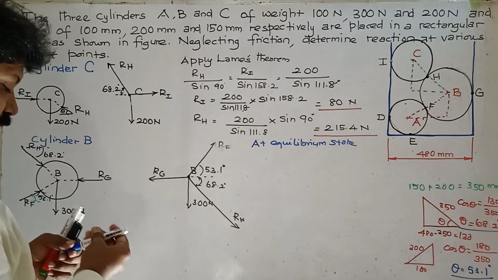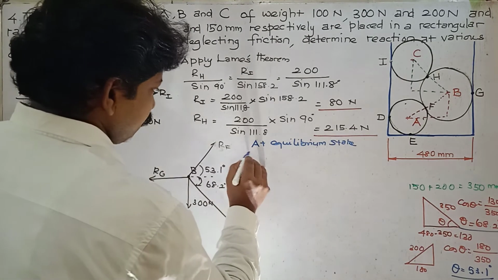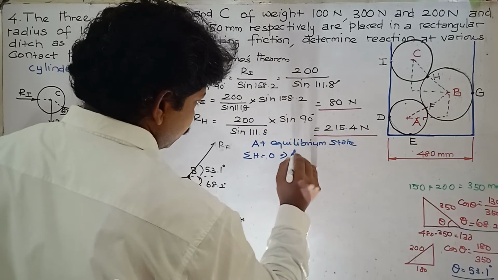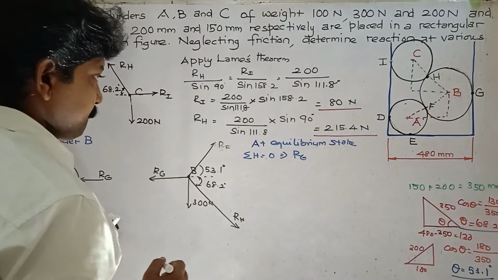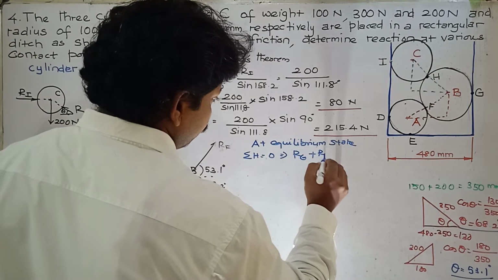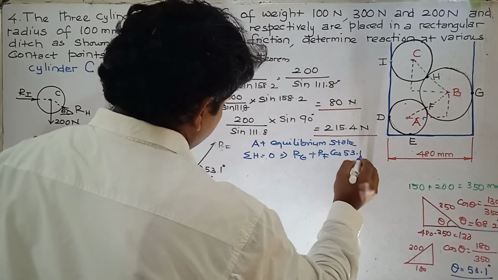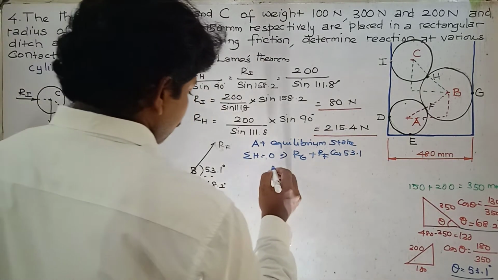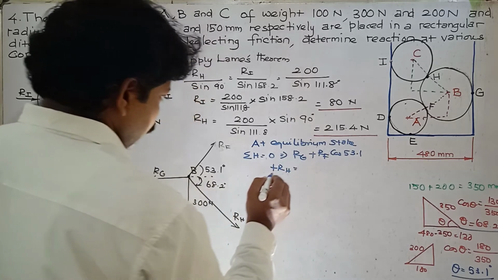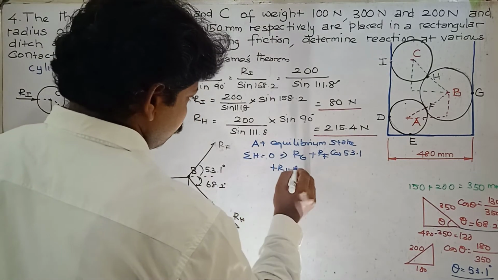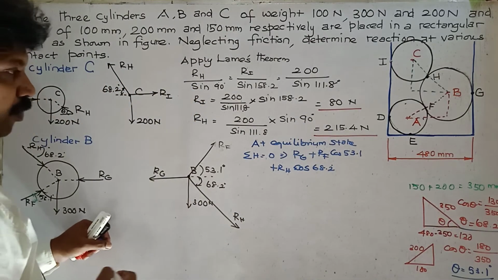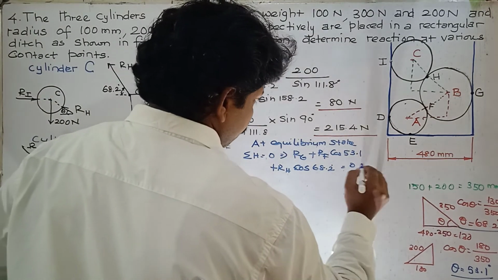Sigma H equal to 0: minus RG plus RF cos 53.1 plus RH cos 68.2 equal to 0. Take this as equation 1.